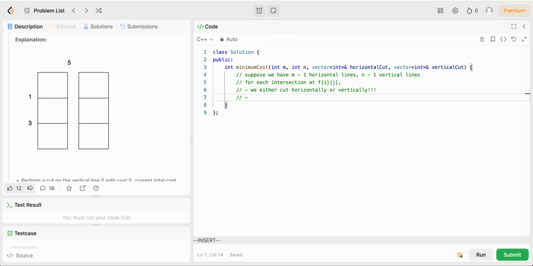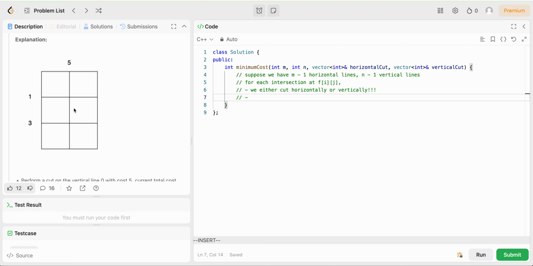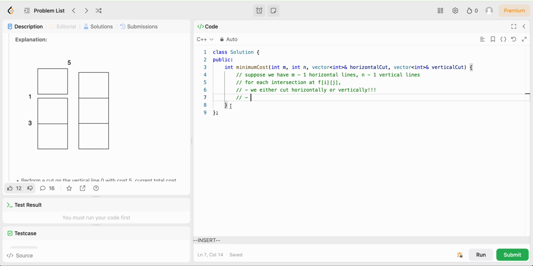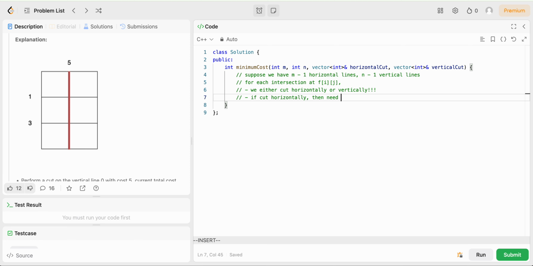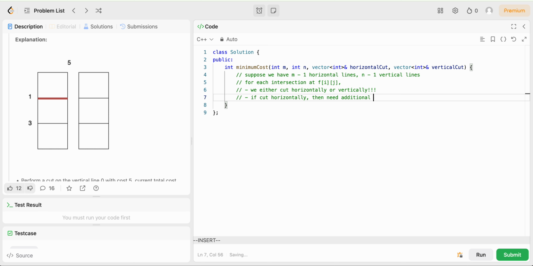Then it indicates that this segment and this segment are the two possible additional costs that we will introduce. If we cut horizontally, what is the additional cost?